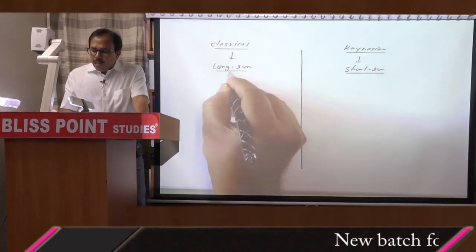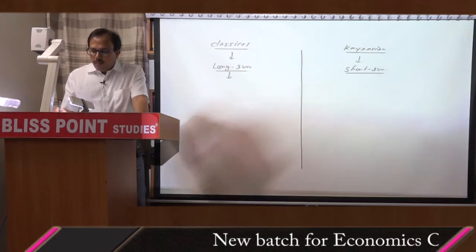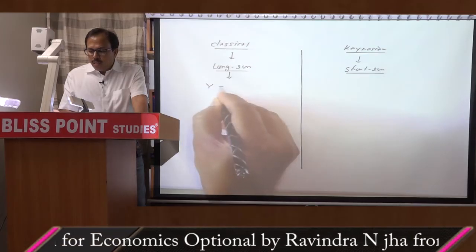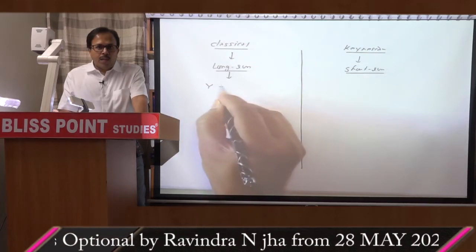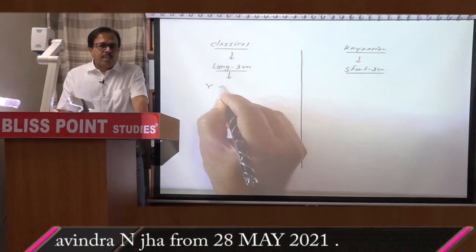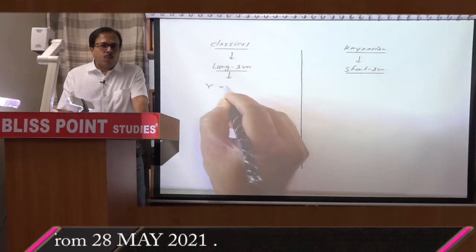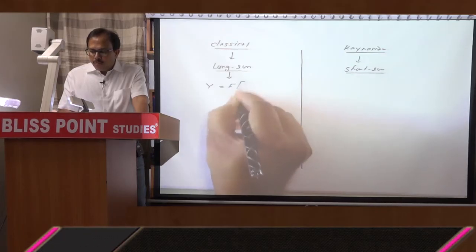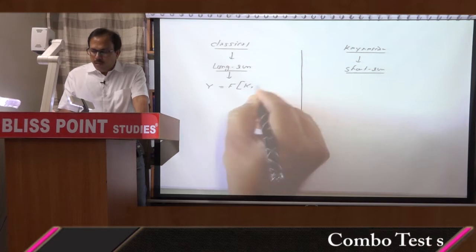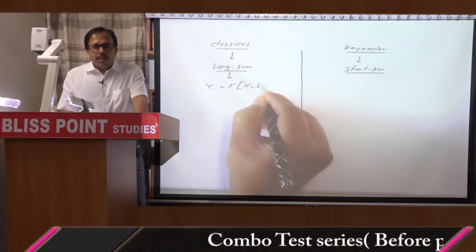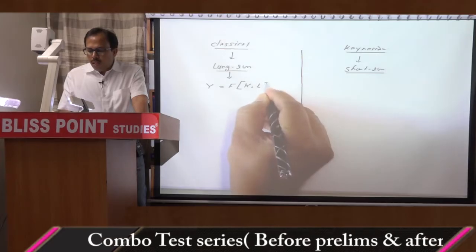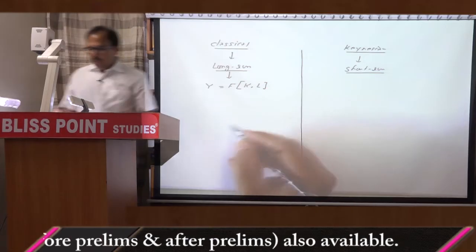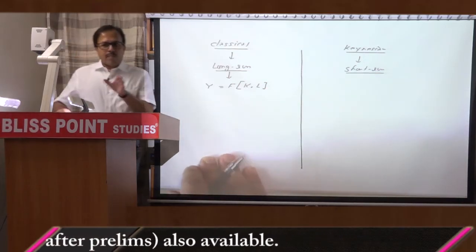In a classical approach, output is determined from the supply side. So I will write output. Whenever I write Y, you can read it as GDP, or simply call it output, the aggregate output of the economy. So in the classical approach, output is a function of the stock of capital, labor, technology and so on. Usually the aggregate production function will be written in this form: output as a function of capital and labor.